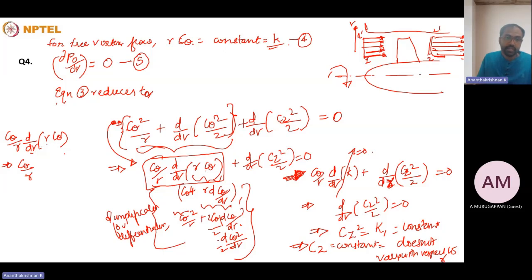So d by dr of r c theta: we differentiate the first term r, then it will become d c theta divided by dr. Then the second term, again c theta by r, taking r outside. So that will come down to c theta d c theta divided by r dr plus c theta d c theta divided by dr. So there are two particular terms.